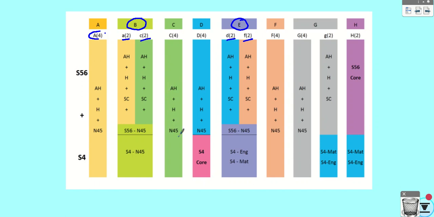You can also see another issue. S4 Core was put against column D, right? So that meant that if there were any fifth and sixth year pupils who were following National 4-5, they were in a class on their own, fifth and sixth year pupils. There couldn't be any fourth year pupils in there. Have you got the numbers in your fifth and sixth year to be able to do that?